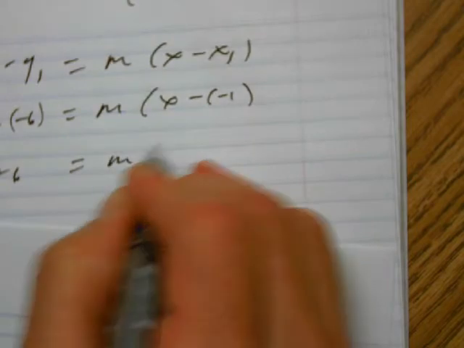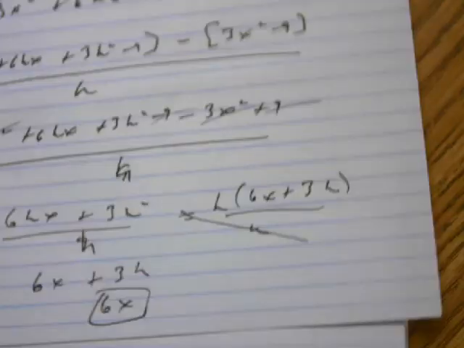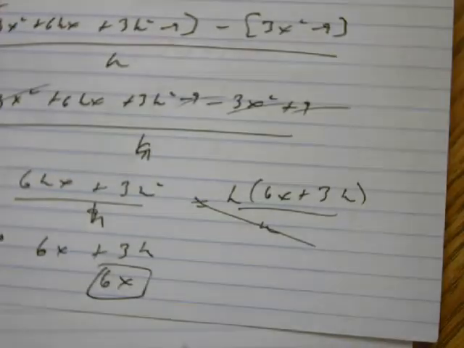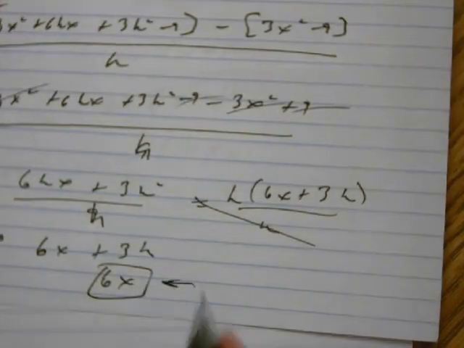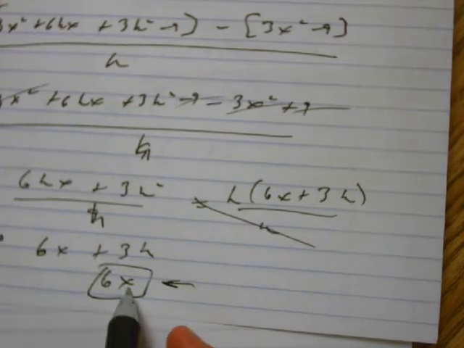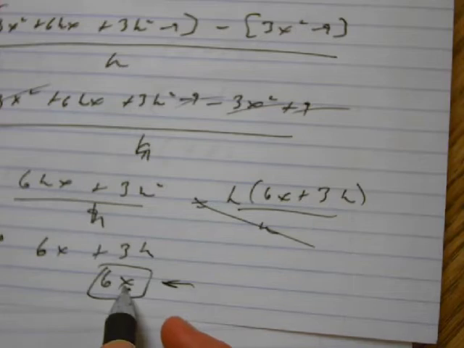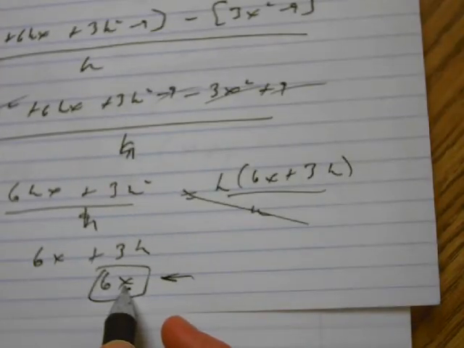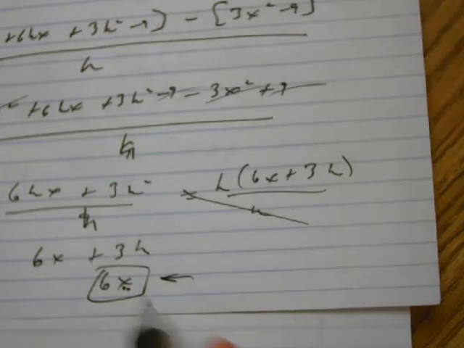This will be equal to y plus 6 is equal to m times x plus 1. And what we need to know is what m is. Since we've done all the work to calculate the slope of the tangent line at any point on the graph, 6x is my slope. That's the instantaneous rate of change, slope of the tangent line, and also the very first derivative as well.